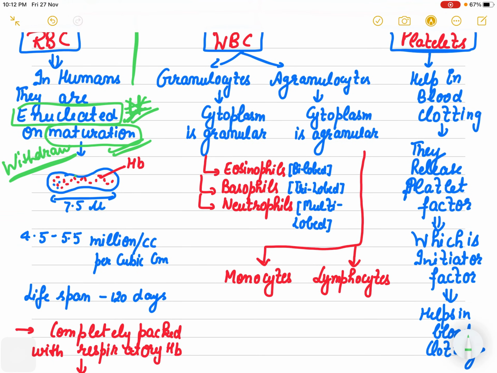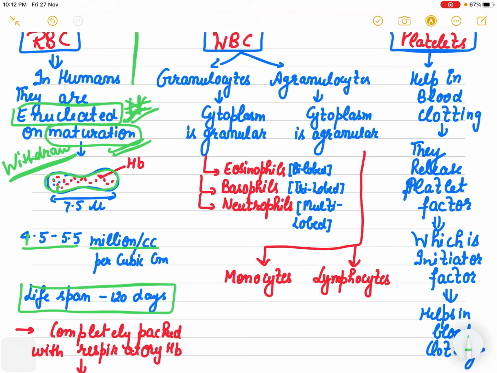If we look at the size of the RBC, it is 7.5 microns, and they are present at 4.5 to 5.5 million per cubic centimeter in our body. Lifespan is 120 days.